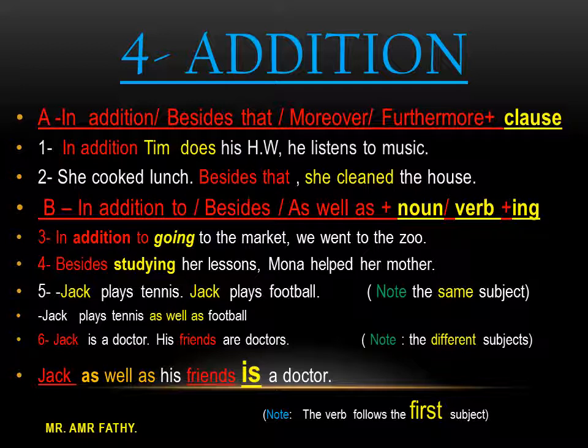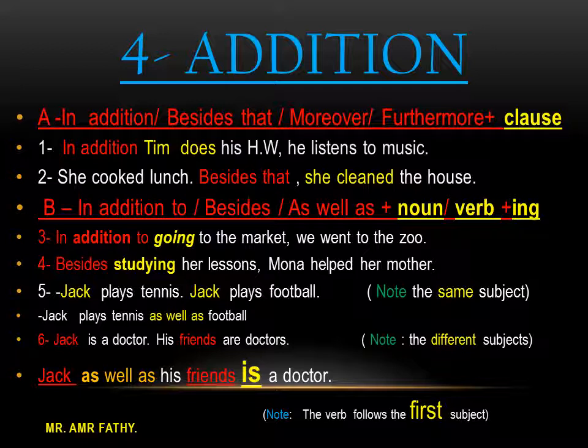This is for as well as again. If you want to express addition, you can use, in number A, in addition, besides that, moreover, or furthermore, plus. And in number B you can also use in addition to, besides, as well as, and in this case we use a noun or verb ing.